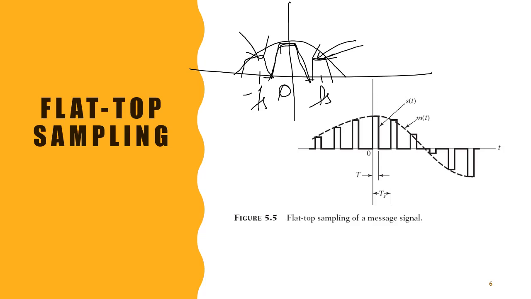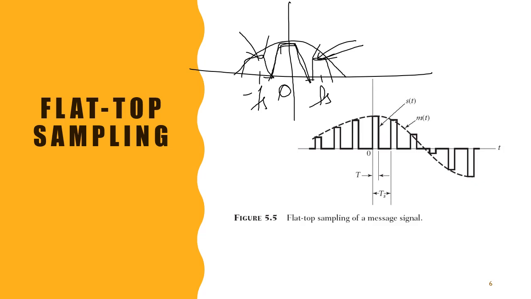That is because of what is called the aperture effect. It is due to the aperture effect that is present in flat top sampling. So what is this aperture effect? I told you the amplitude of the signal is going to reduce. This results basically in the attenuation of the higher frequency components of the message signal, or the higher frequency components which are present along with the message signal spectrum.